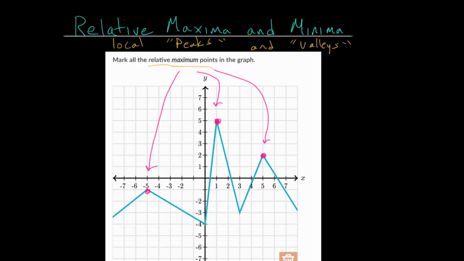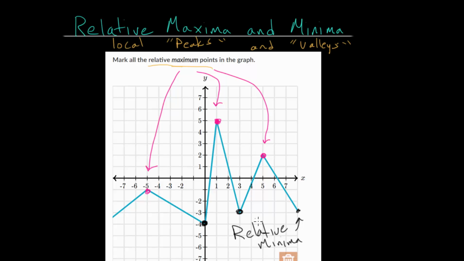And likewise, if we're looking for relative minima, so that's going to be all of these valley points. So maybe that point, and that point. These are what we call relative minima.